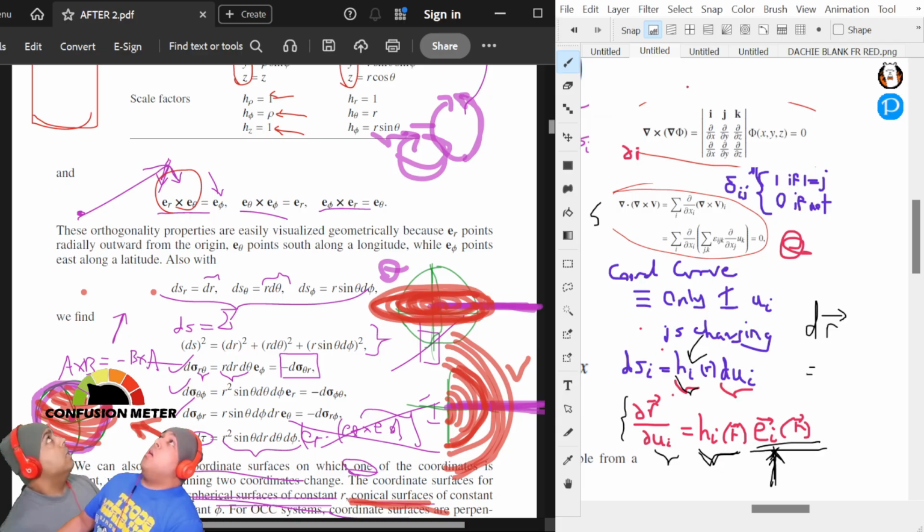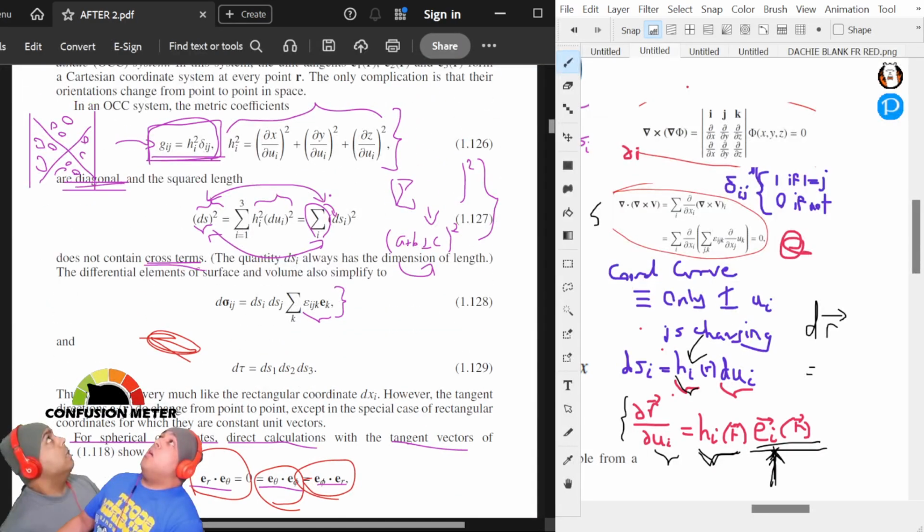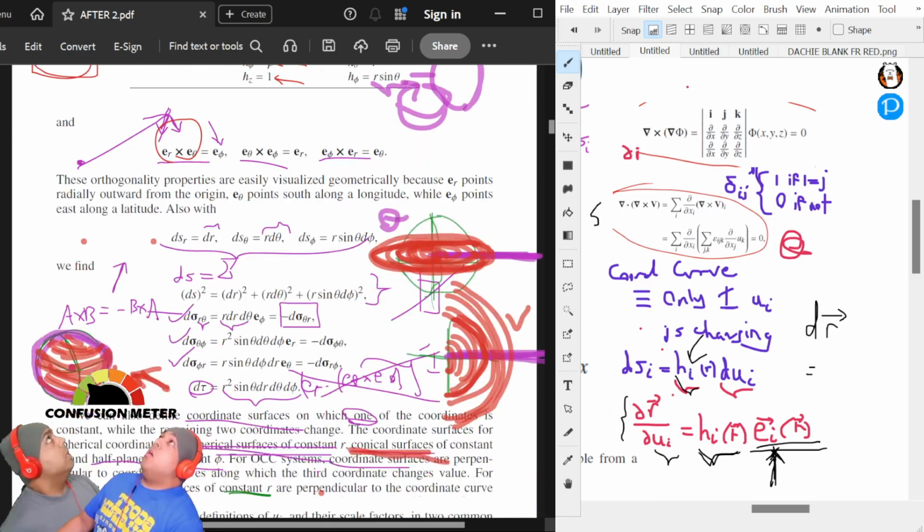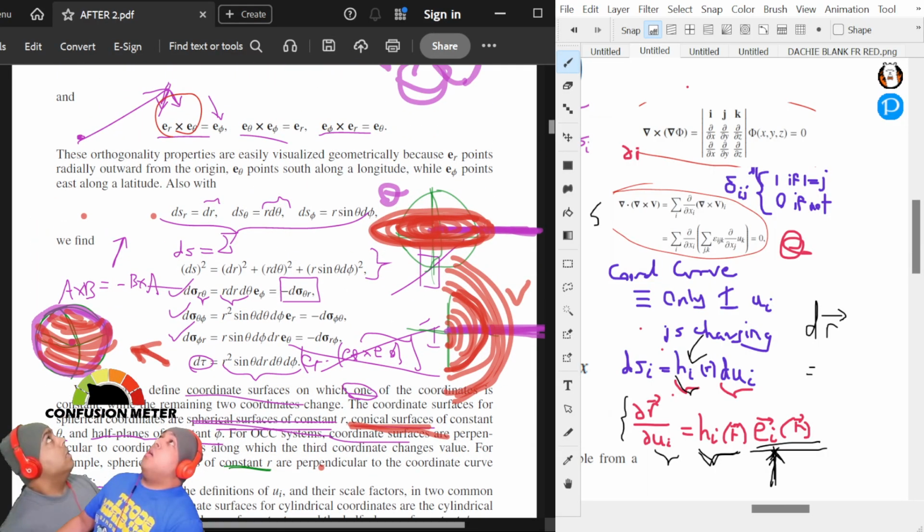So I can relax. ds squared equals dr squared plus r d theta squared plus, yeah, we started from here. ds squared is just the hi squared, right? The r sin theta d phi term will point in the phi direction.